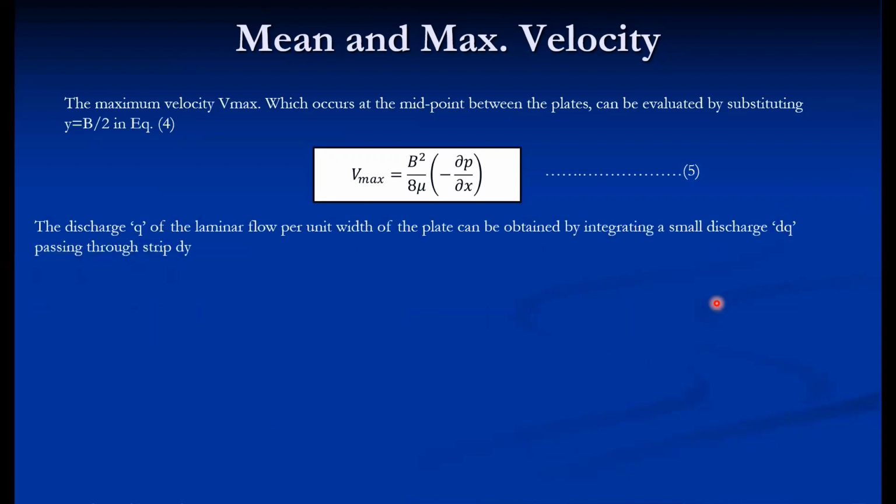And the discharge Q for laminar flow per unit width of the plate can be obtained by integrating a small discharge dQ passing through a strip dy.